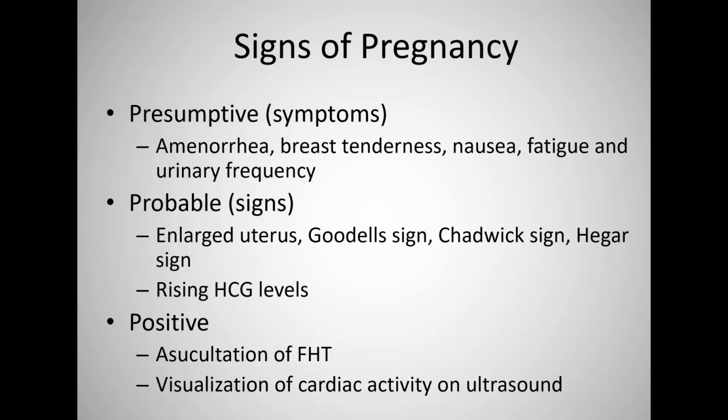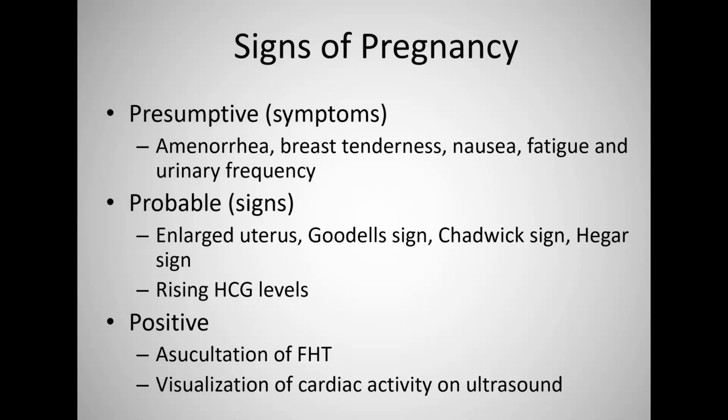That's the Goodell sign. The Chadwick sign is the bluish purplish discoloration of the cervix and the vaginal wall, and that means there's more blood there, more engorgement, more vascularity as a result of the fetus. So that's the color. The Goodell's is the softening. The Chadwick is the color.